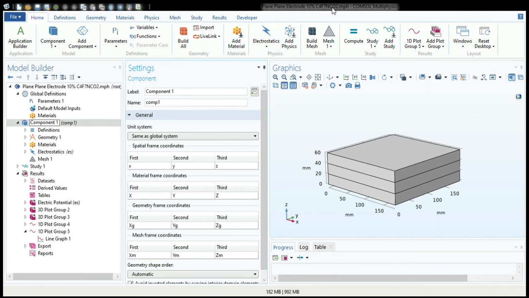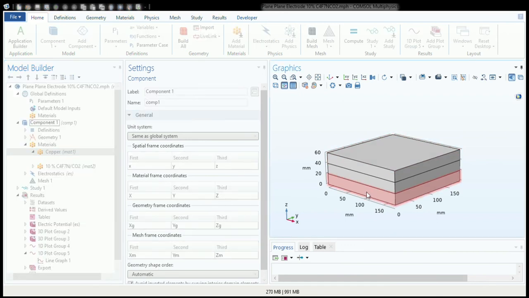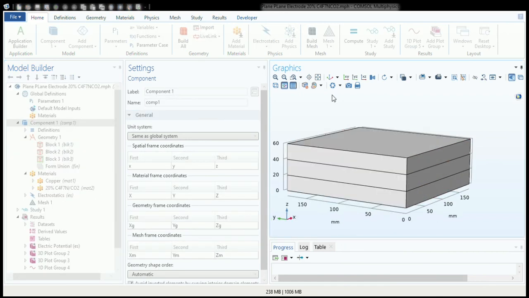The same process happened to the other gas mixture, which is C4F7 and CO2 gas, where we replace SF6 gas here by inserting all the values of the material. The same metal electrode is used for the upper and the lower part of this configuration.